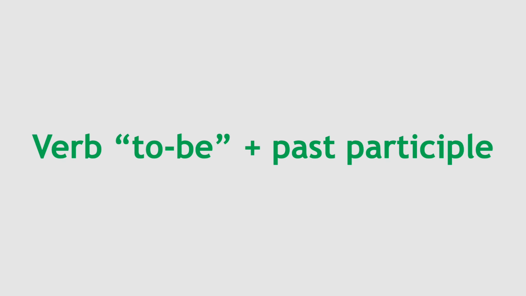In this situation, we have to change the active verb into passive. And the structure of a passive verb would be using a verb to be followed by the past participle of the verb.